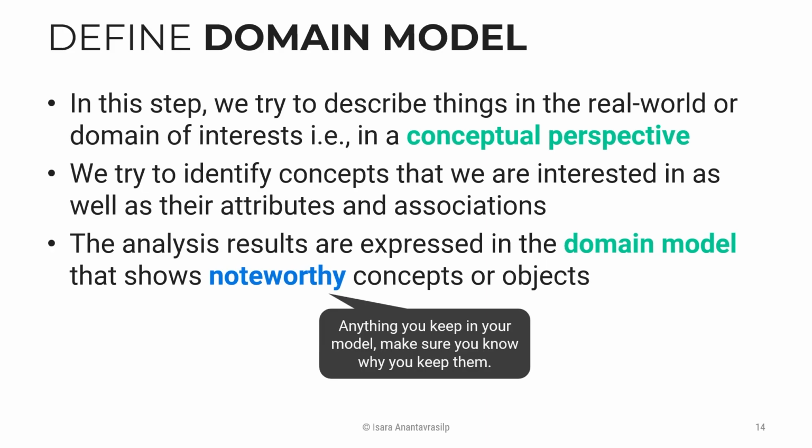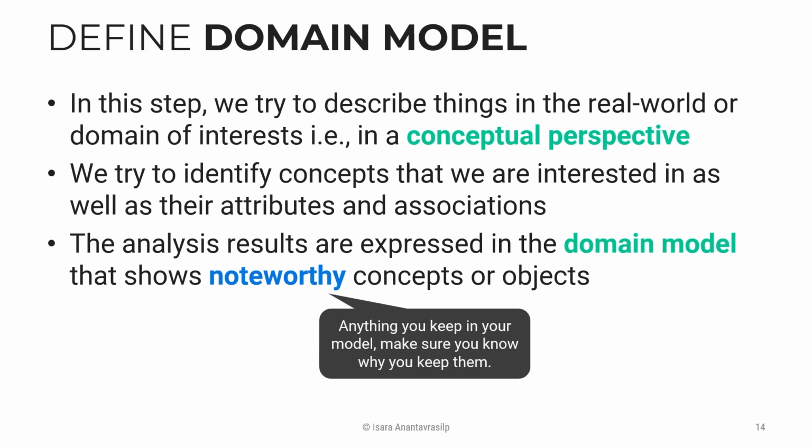Here we are trying to identify the concepts, or the abstractions, of the things that we are interested in, along with the attributes, associations, and also their operations. What do they do? The result of the analysis is expressed in what we call the domain model, that shows only important or noteworthy concepts.